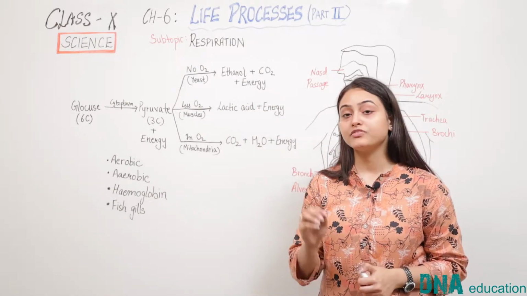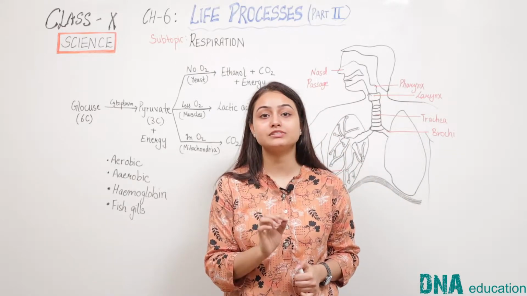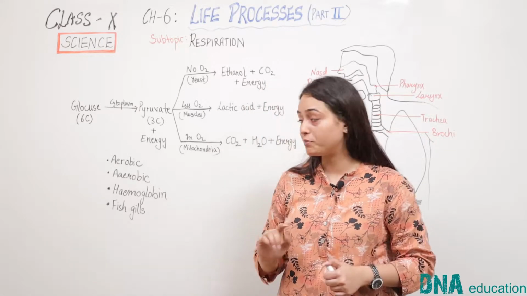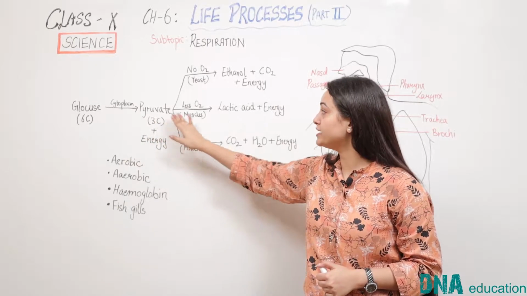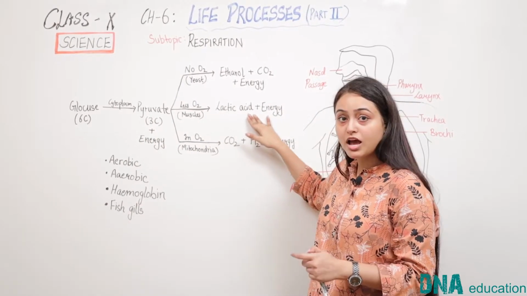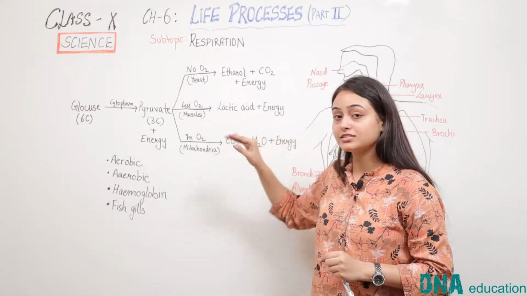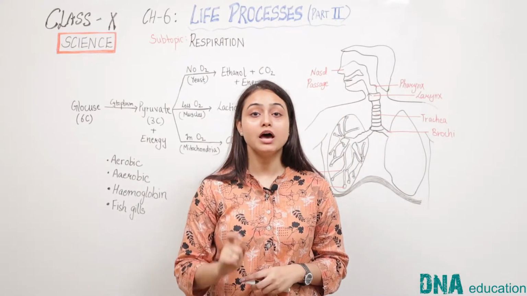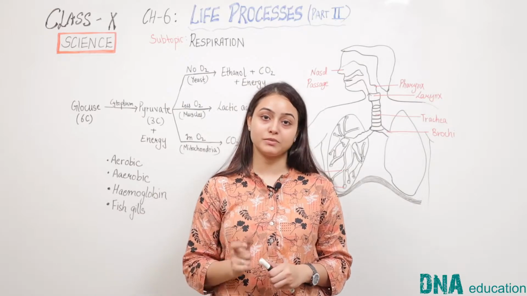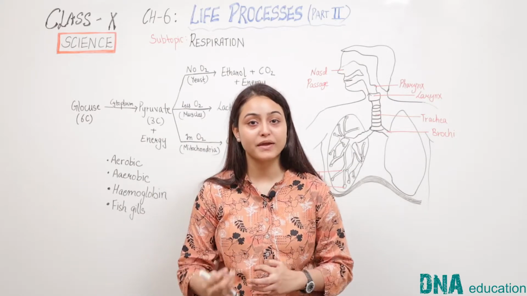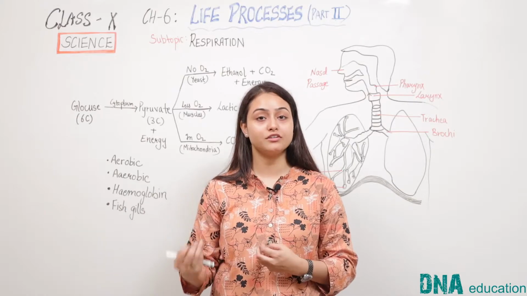At that time, the condition inside the muscle cells is temporarily anaerobic. In this case, the pyruvate is converted into lactic acid with the release of a little amount of energy. Now this lactic acid, which is produced in our muscles, produces cramps in the muscles, because of which we feel pain during exercising or running.